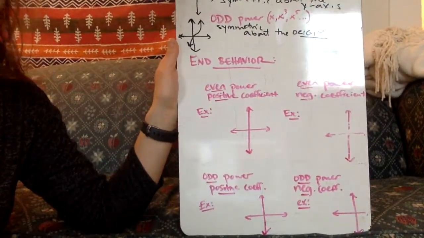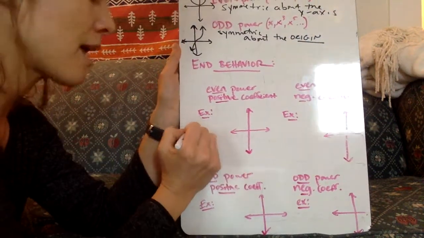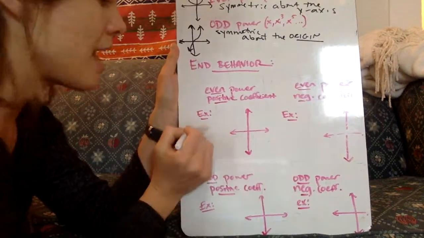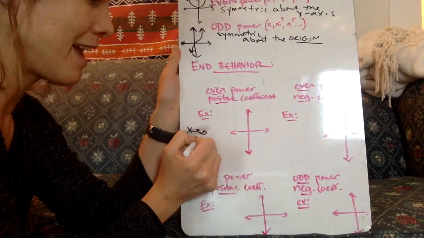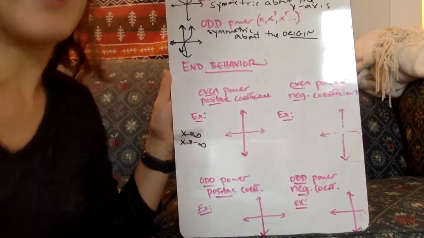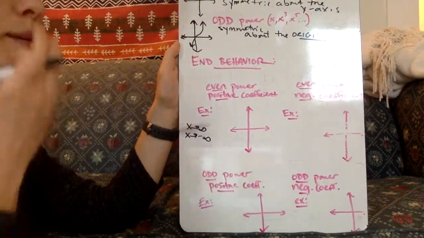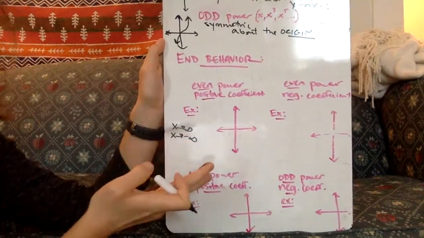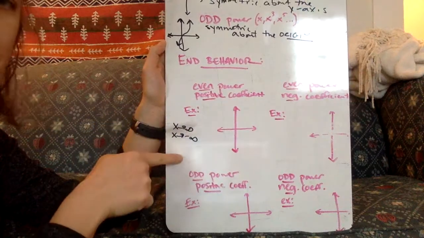And throwing back to end behavior, so remember when I'm describing end behavior, I'm describing what's happening to f of x as x approaches infinity and x approaches negative infinity. So what's happening to the function values when I'm approaching those with x? Sometimes, like with the reciprocal function, I'm not ever going to approach those values. But for most functions, this is how we're defining end behavior.